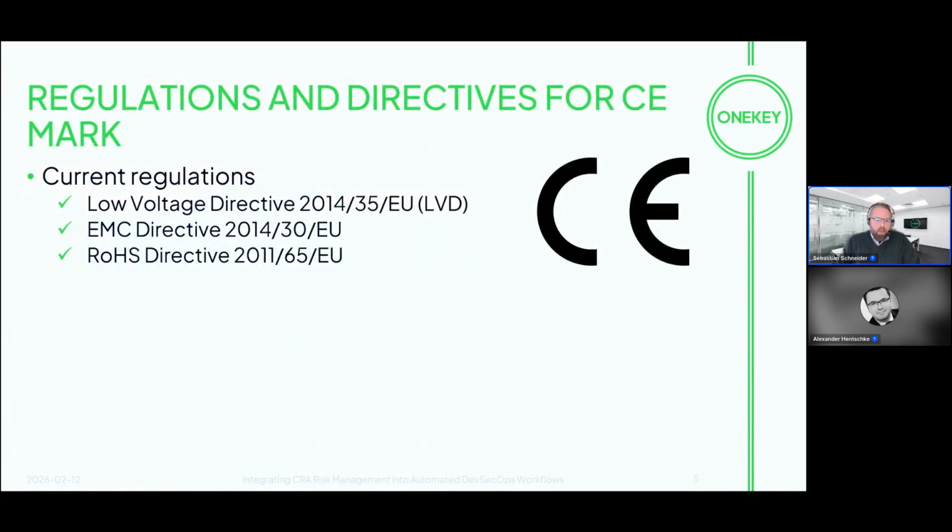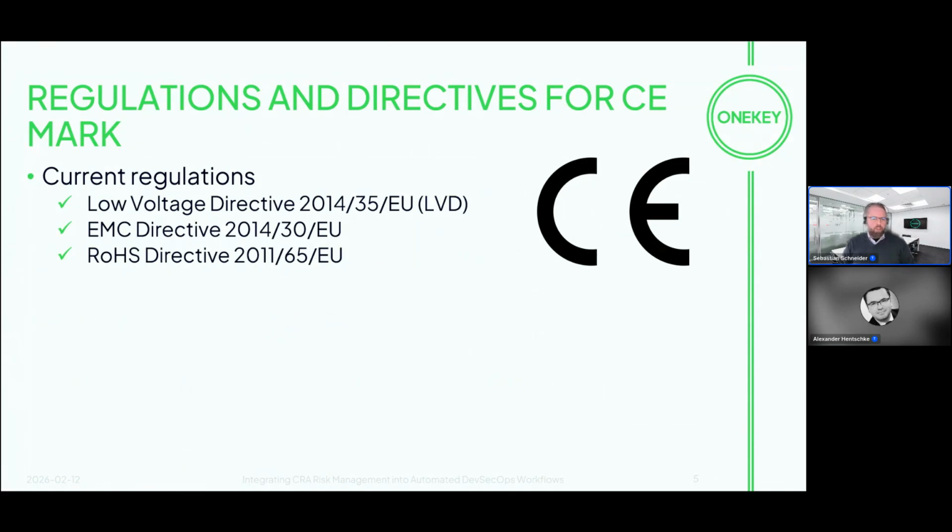So when you already have a product with digital elements, or actually any product that is placed on the EU market, you might already have this CE sign printed on the product, and you already have your declaration of conformity. And here are some standards and regulations you already have to comply to.